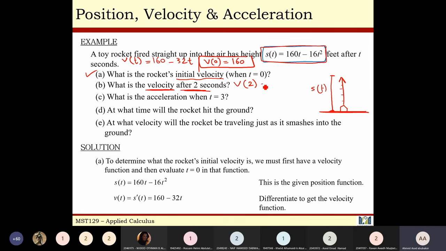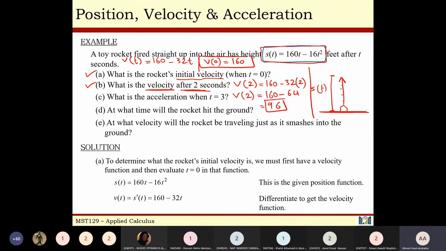What's the value of v of 2? It equals 160 minus 32 multiplied by 2. So v of 2 means the velocity after 2 time units, maybe seconds, minutes, days, or years. In this example, it's seconds. So we have 160 minus 64, so we have 96. This is the velocity after 2 seconds.